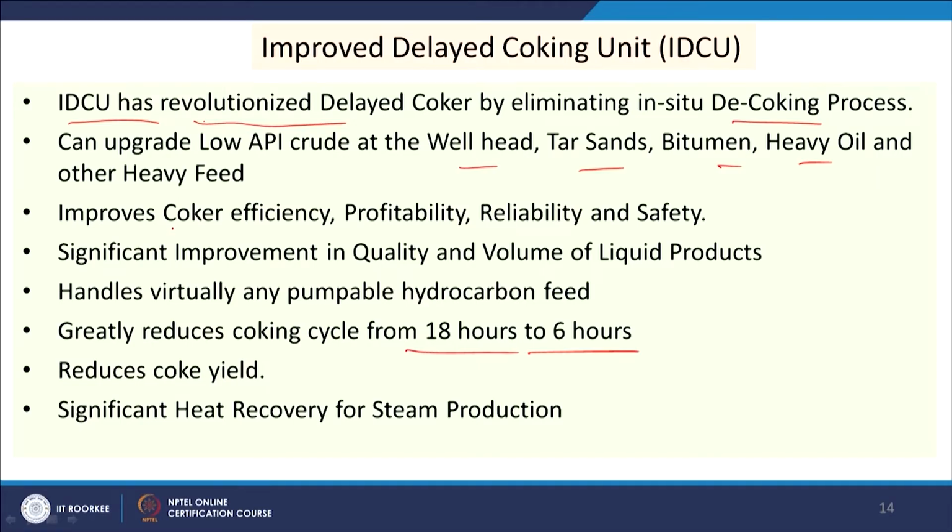This improves coker efficiency, profitability, reliability and safety, with significant improvement in quality and volume of liquid products. It handles virtually any pumpable hydrocarbon feed, reduces coke yield, and allows significant heat recovery from steam production.